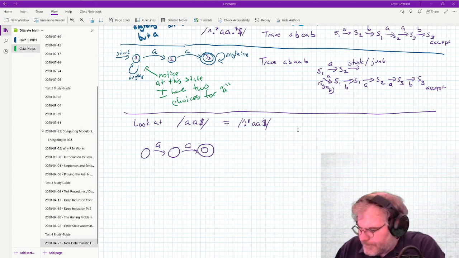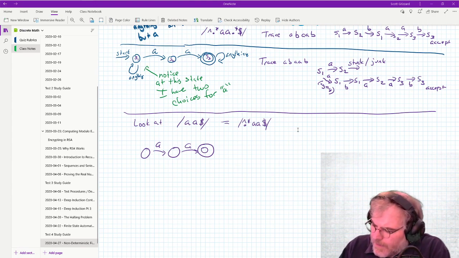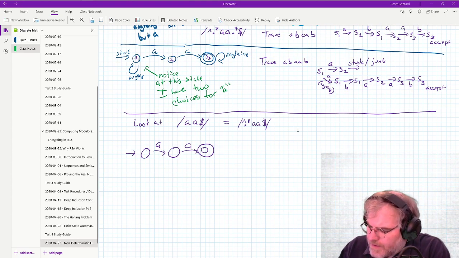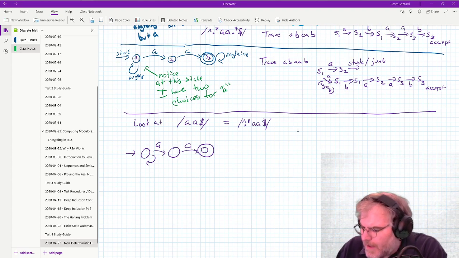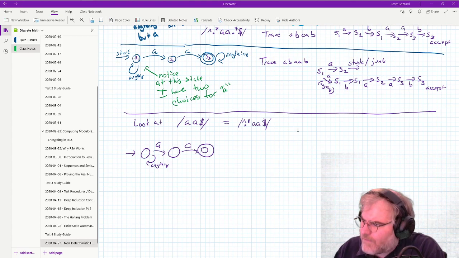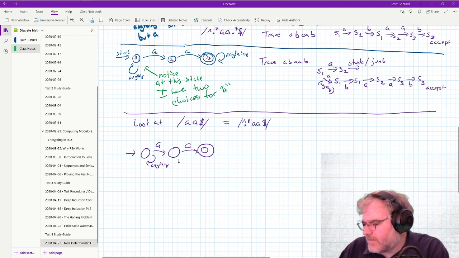Now, here's my initial. And then I just have an anything here. And then I'm done. I don't need to deal with the issue of curving A's in the middle here, because I don't care.